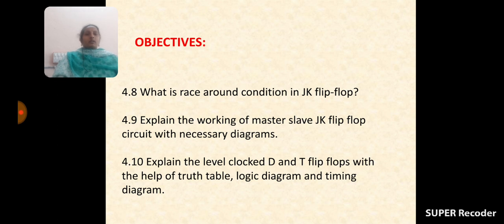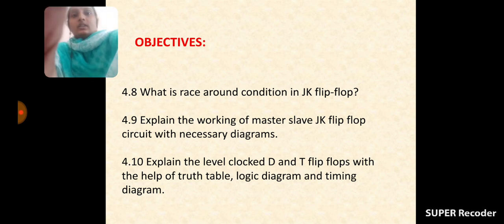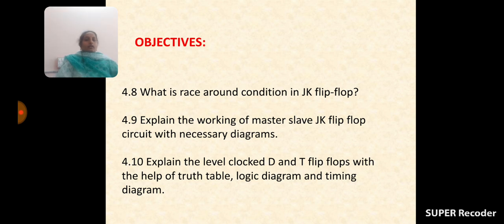Means what? With the help of these inputs, the output is directly changed from 0 to 1 and 1 to 0. So that's why these are called direct inputs. By application of these inputs, the output is produced irrespective of the clock pulse.